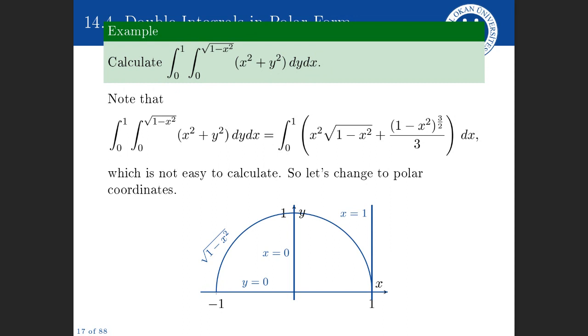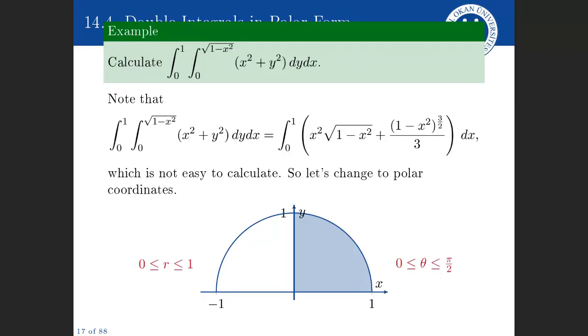We know that we are between these four curves. So we know that the region of integration is going to be this region shaded in blue. In polar coordinates, this is the same as theta is between 0 and pi over 2. r is between 0 and 1.